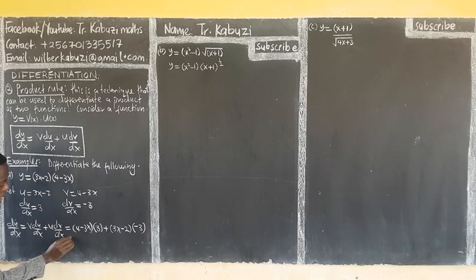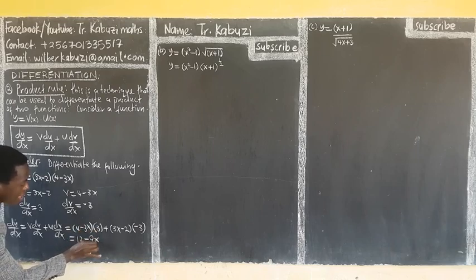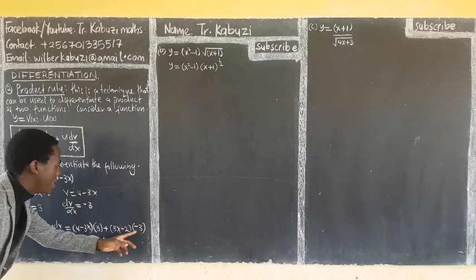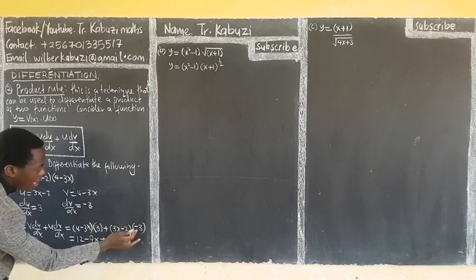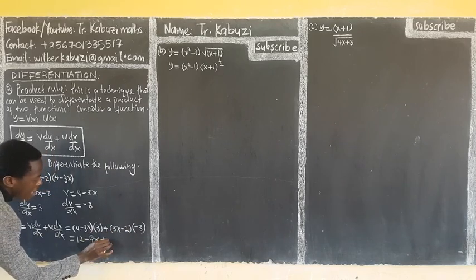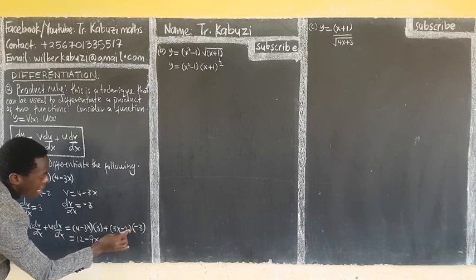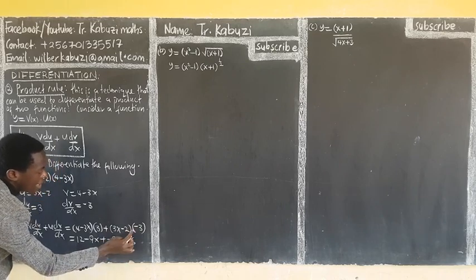So when you open the brackets, this times this, I get 12 minus 9x. Then this times this, I get minus 9x. This times this, I get plus 6.